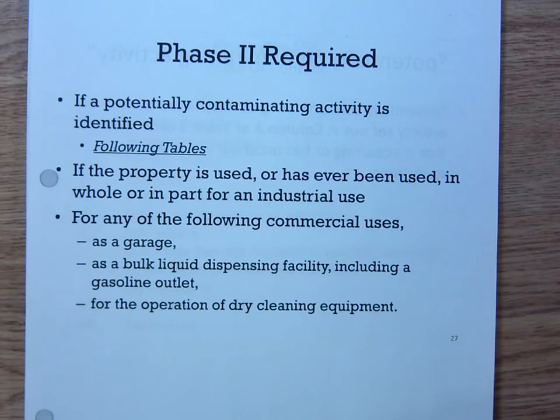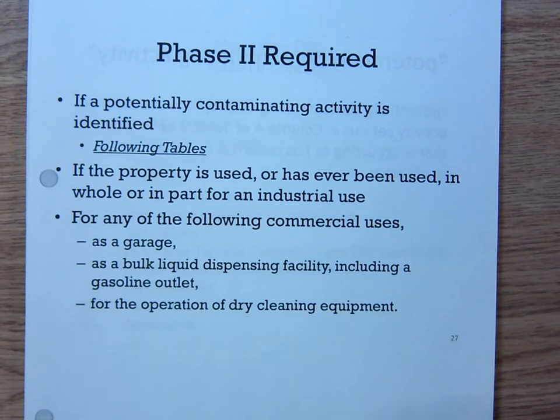The first condition is if a potentially contaminating activity is identified on the property that you are conducting the site assessment for. So what is a potentially contaminating activity? There's a list in the following pages that we will go through.